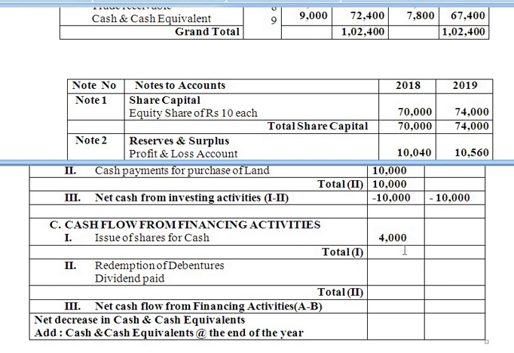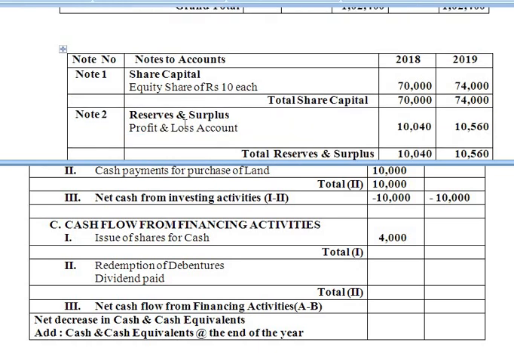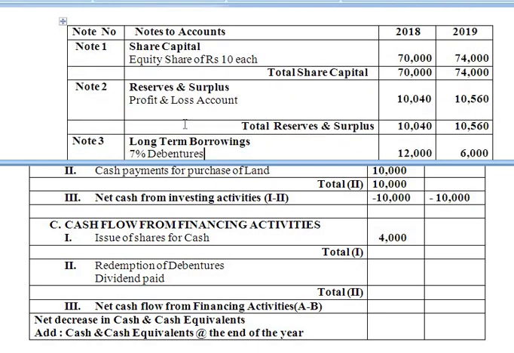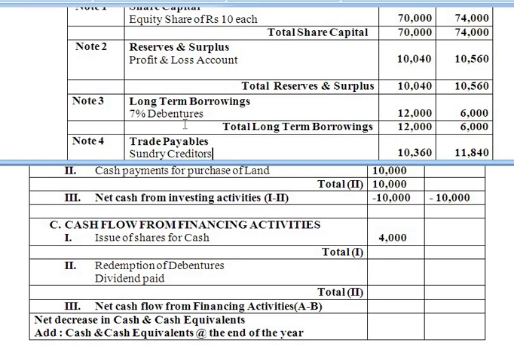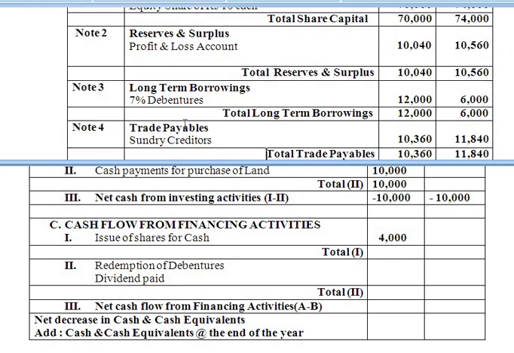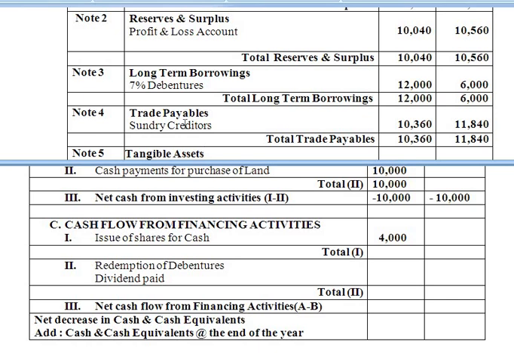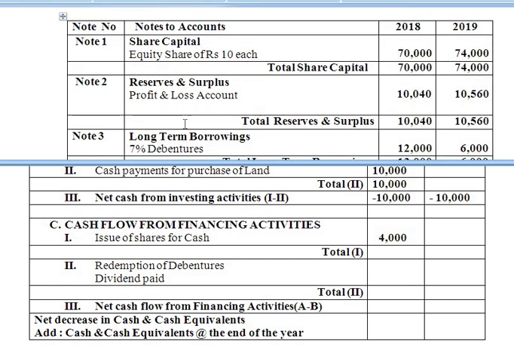Now next check note 3, long term borrowings. The amount is decreased, which means repayment of long term borrowings, and later on we only have current liabilities. So there is only one issue of share capital.